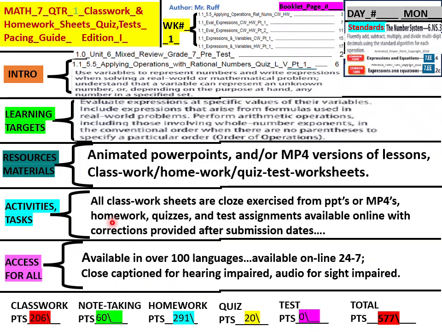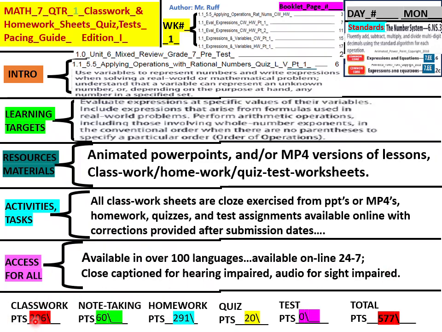Homework, quizzes and test assignments are available online with corrections provided after submission dates. So you can do this all online, students. It's available in over 100 languages, online 24/7, closed captioned for the hearing impaired, and audio for the sight impaired.